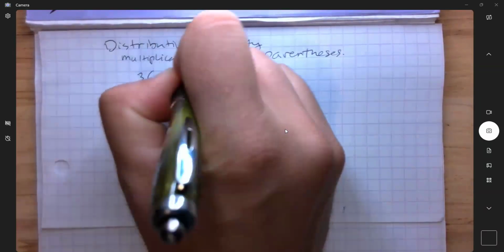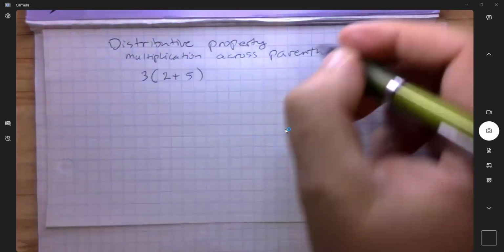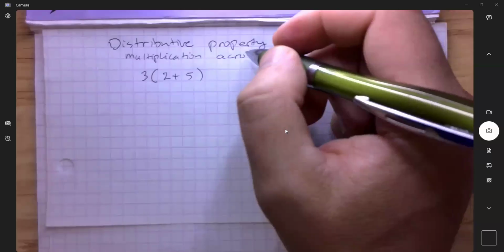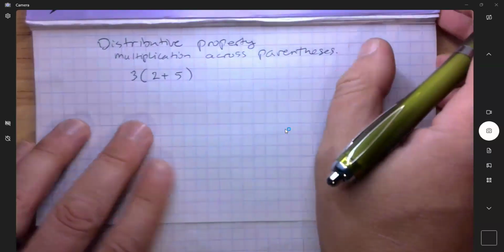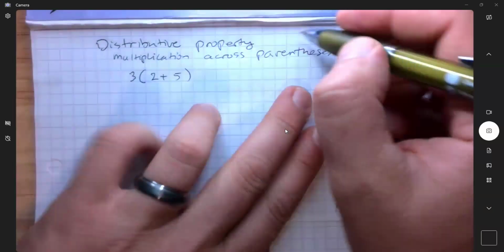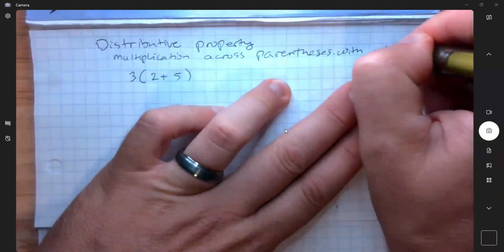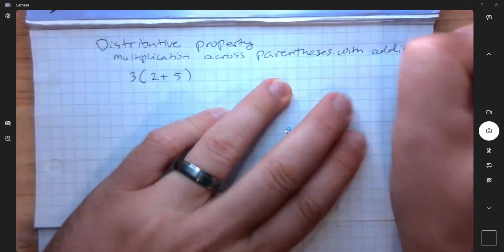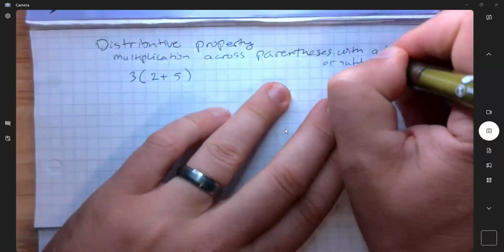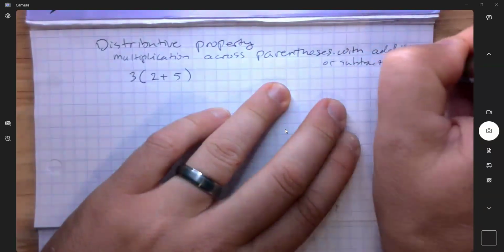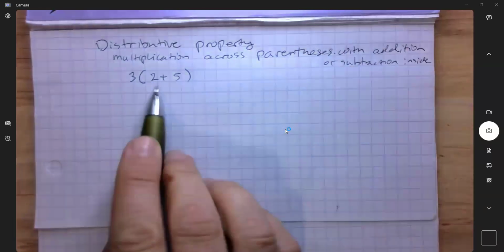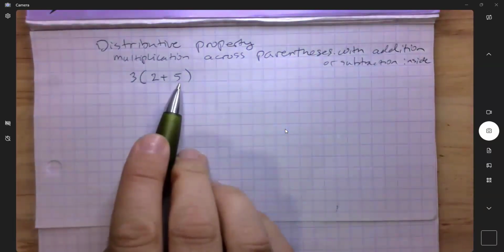When you have a term like 3 and you multiply it across something with parentheses, I have to be a little more careful. Multiplication across parentheses with addition or subtraction inside the parentheses. So here we have an addition inside the parentheses.